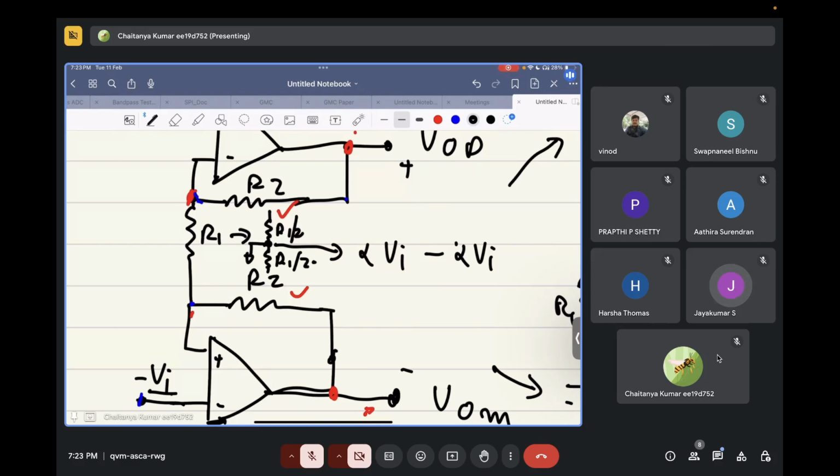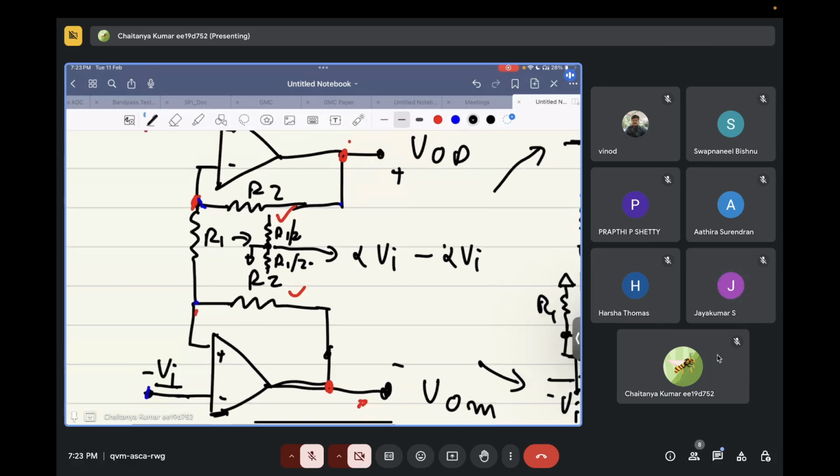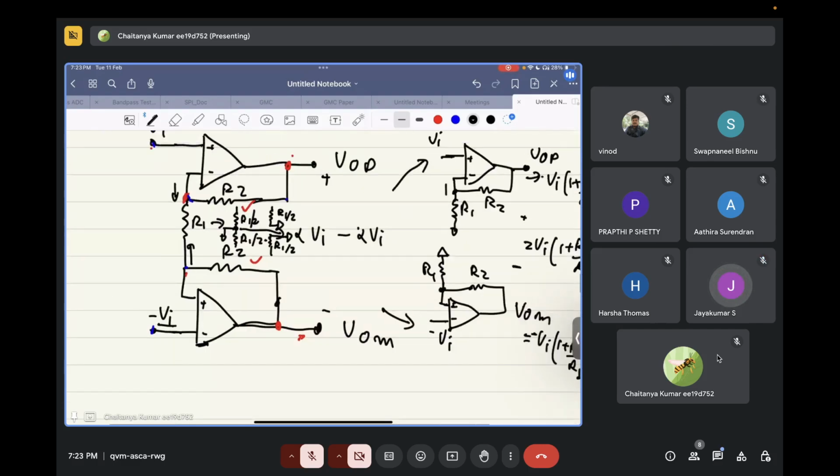So even if I connect it to ground, this node will still remain zero as it was previously. So if this is grounded, this can be written like this as well, right? R1 by 2, and this can be written as another R1 by 2. Because if this voltage is zero, whatever current was flowing from here and from here, in these two circuits also the same current will be flowing.